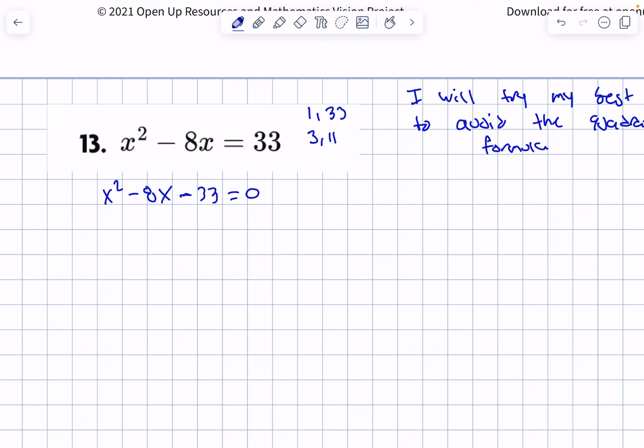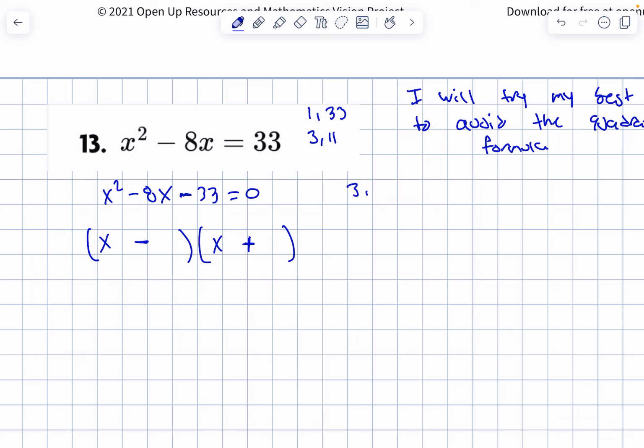So that's where I'm back at it, right? So then I know that these have to work. I have an x here, I have an x here, and this is a minus 33, so there has to be a minus and there has to be a plus. There just has to be that. And then they have to add up to negative 8.